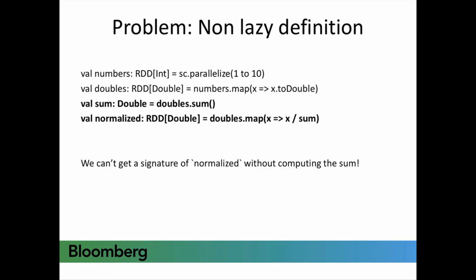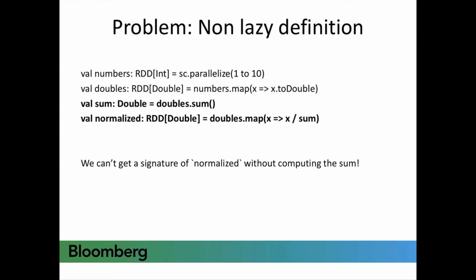Now here's a problem that I alluded to earlier. This only works if we can define things lazily. This is regular Spark, and we're starting with some numbers, turning them into doubles, taking a sum, and then using that sum in the definition of our transformation.